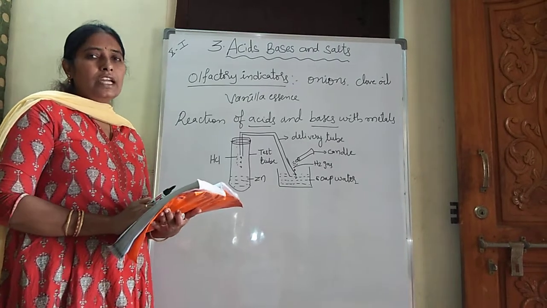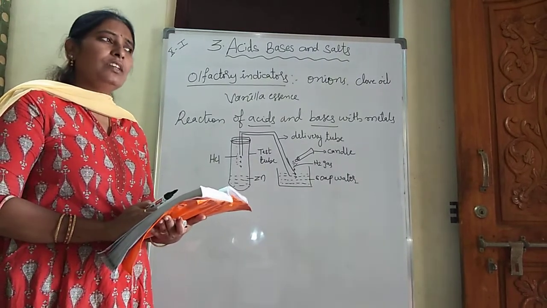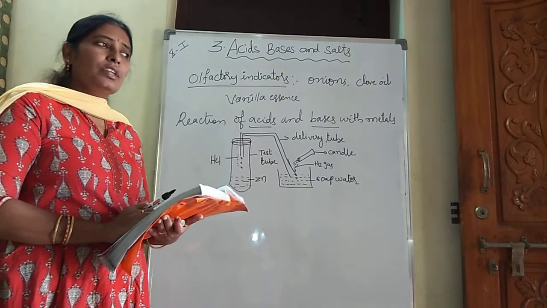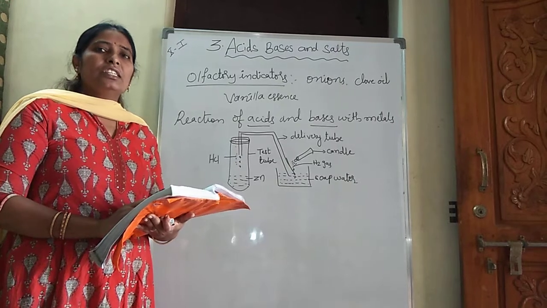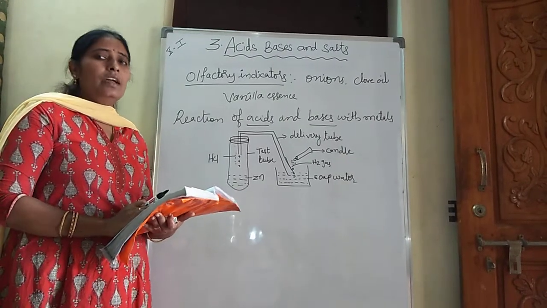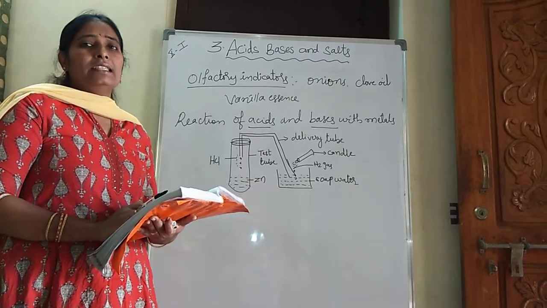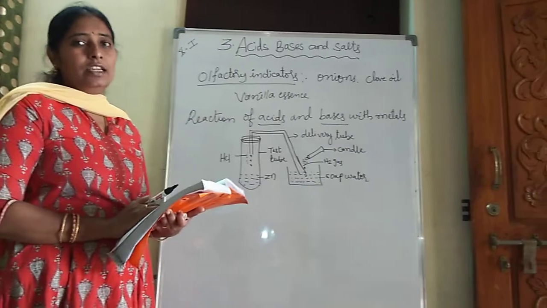One is dipped in hydrochloric acid, the other in a base. Which base? Any base. We are using sodium hydroxide here. After dipping, you rinse or clean with water. After cleaning, just smell it. The odor changes in acidic medium and basic medium. As it is changing its odor in acidic and basic medium, the onion is said to be an olfactory indicator.